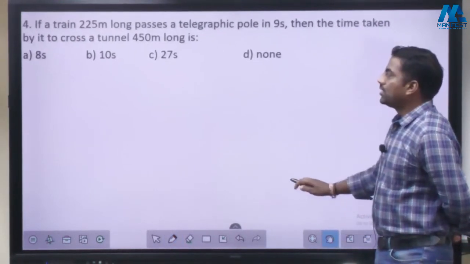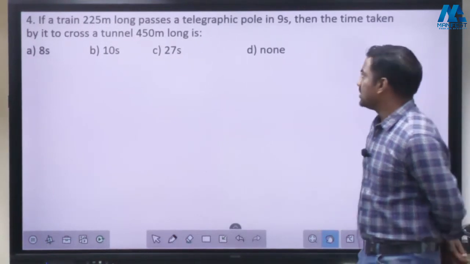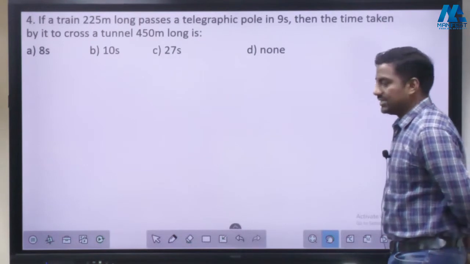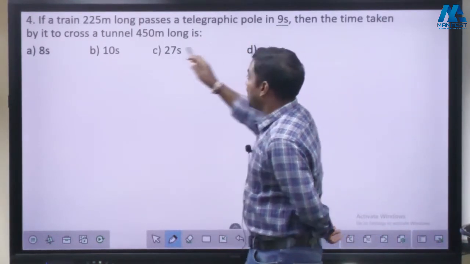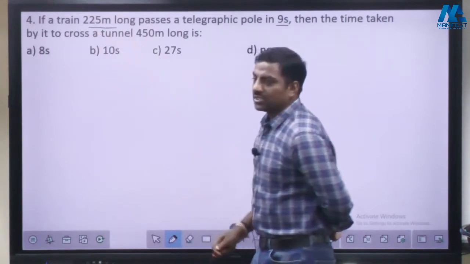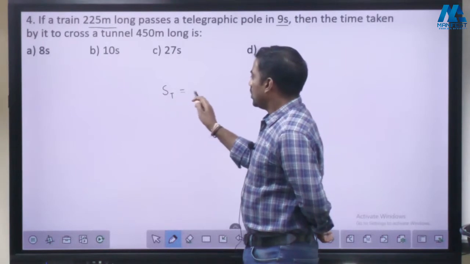Next. A train 225 meter long passes a telegraphic pole in 9 seconds. See, here they have given time. So can we calculate the speed of the train? Speed of the train is equal to what?